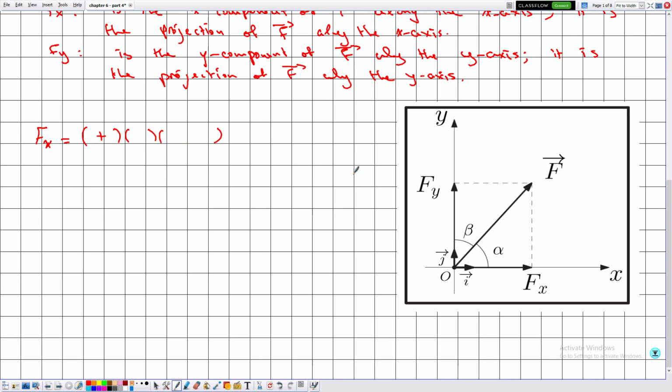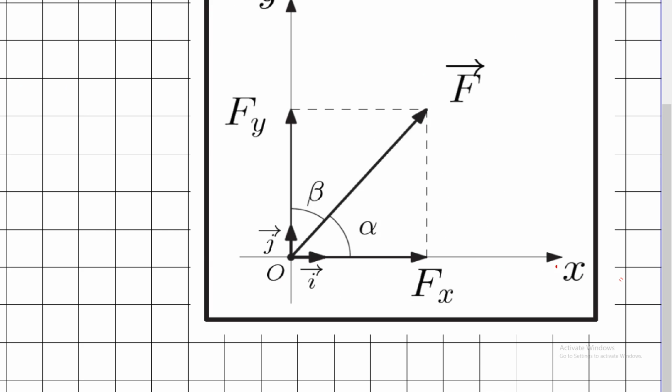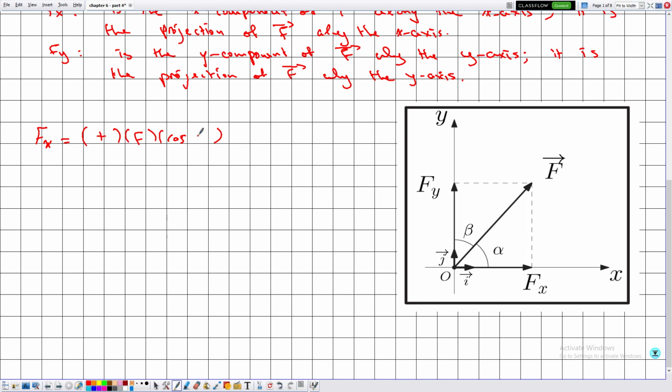Then we will place the magnitude of the force F, which is F, and then we multiply by the third factor, the cosine of the angle between the x-axis and the force F. In this case, this angle is alpha, so Fx is given by F cosine alpha.